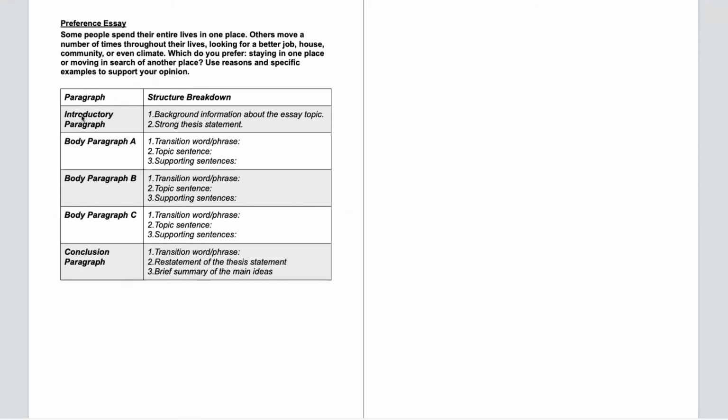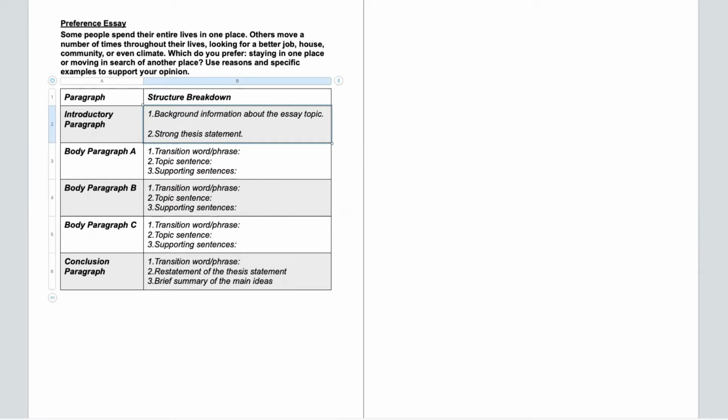So first off, I've got our introductory paragraph, and I have background information about the essay topic and a strong thesis statement. Now I'm going to write in red just so that you can follow along with my notes. And when it comes to your paragraph, of course, you want to basically paraphrase what you see in the writing prompt. And when I say paraphrase, that means use synonyms and basically say this in your own way. So I'm going to talk about how traveling for vacation used to be quite common in the past.